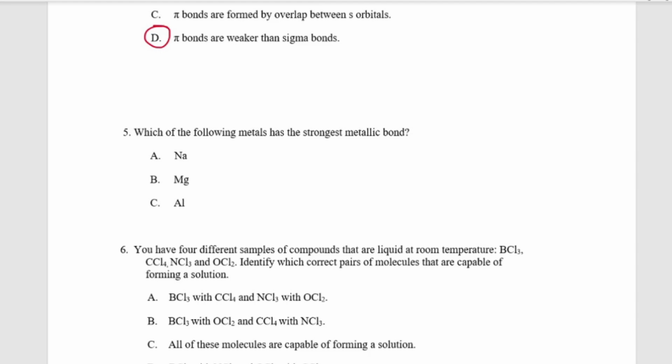So we can draw it. This is the giant lattice metal structure, which is positive, and these atoms lose their valence electrons.